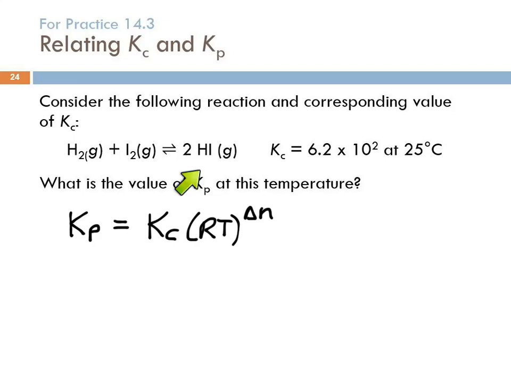How many moles of gaseous products do we have? 2. And how many moles of gaseous reactants do we have? 2. 2 minus 2 is 0. So Kp equals 6.2 times 10 to the second. Is that kind of a letdown for anybody? It happens.